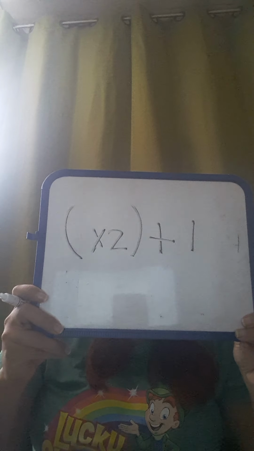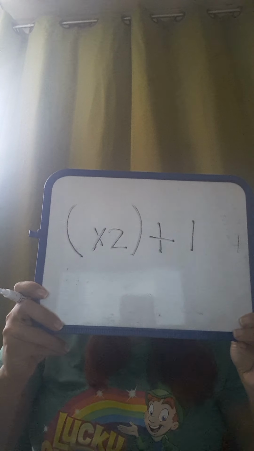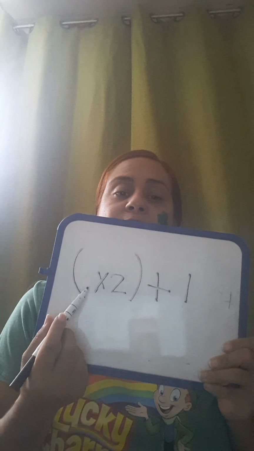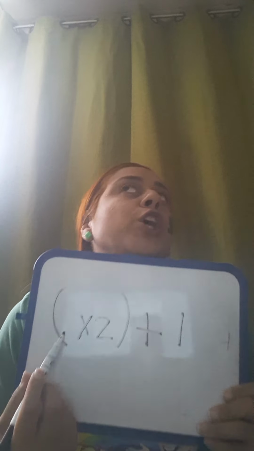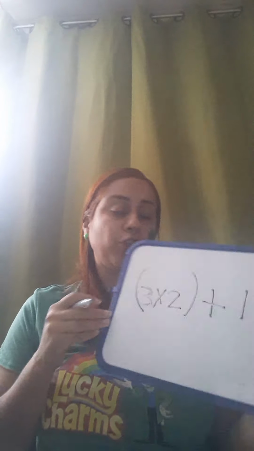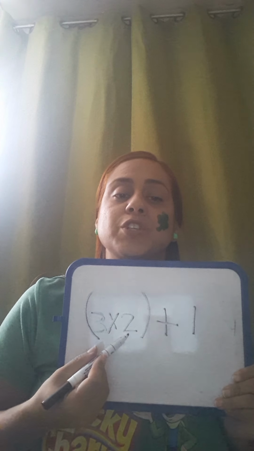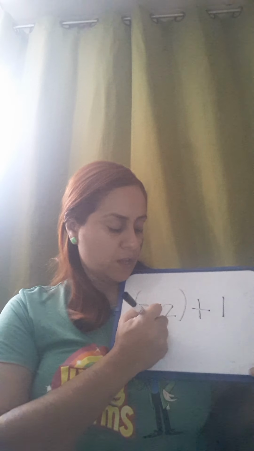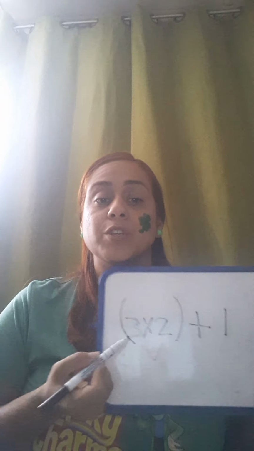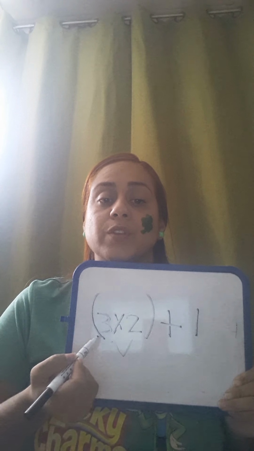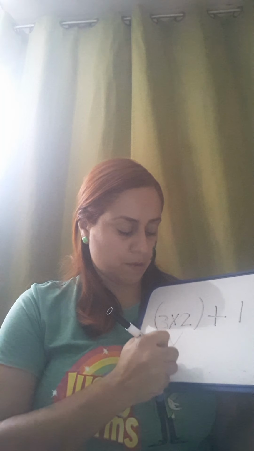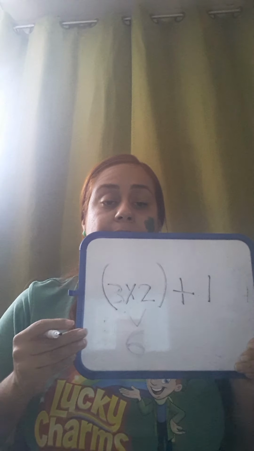It says Tracy bought 3 magnets and then Scott 2 times as many. 2 times. So how many magnets were there? I don't hear you. 3. Okay. So there is 3 times 2, and then he bought 1 more. So let's see. As always, we have to do what is in parentheses first, which is 3 times 2, how much? 6.